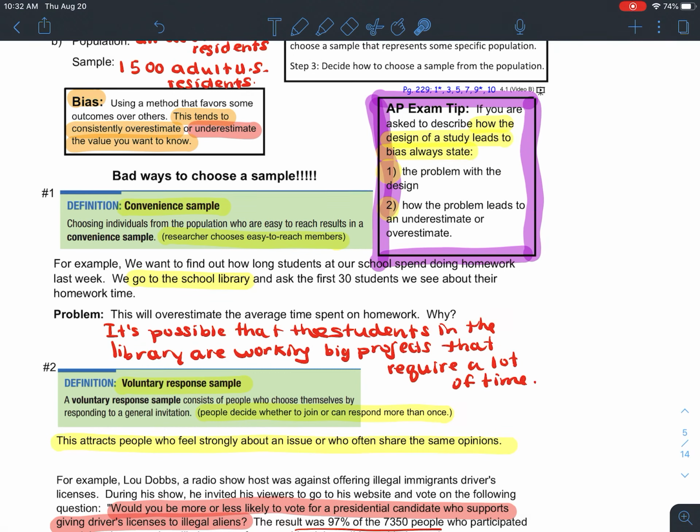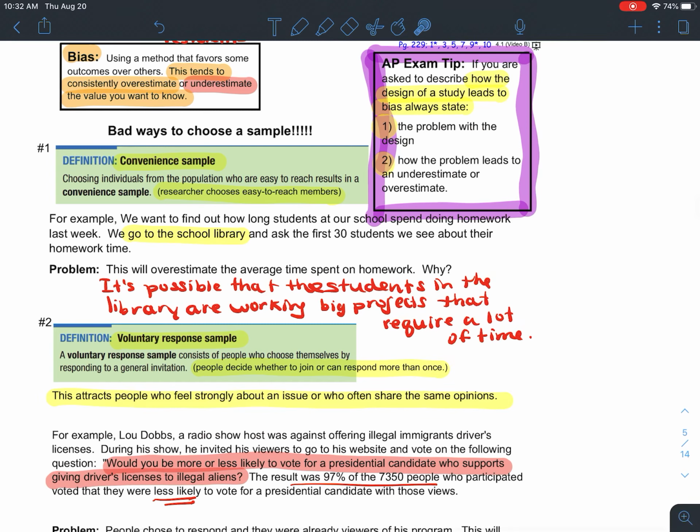Okay, so I'm going to use these examples that we've discussed so that you can see how we would maybe address both of these things. You have to discuss what the problem is with the design, meaning what was the problem with the way that the people or subjects were selected, and then how does that problem lead to either an under or overestimation of what you're trying to survey. Okay, so for example, this school library situation, we could say the problem with only going to the school library is that that's not a true random sample.